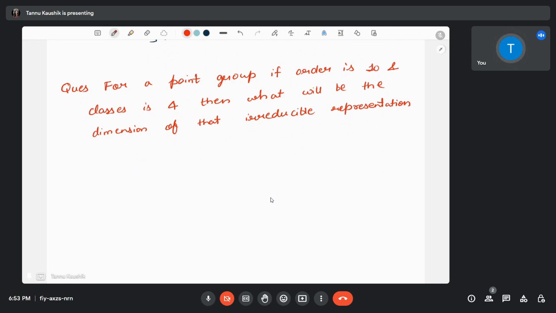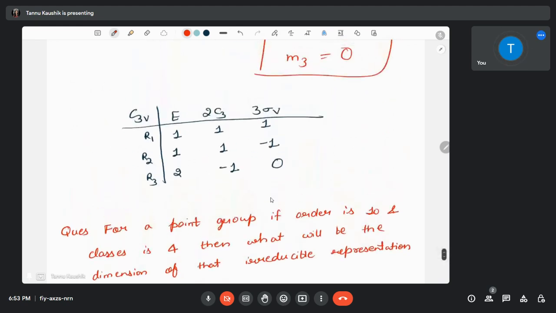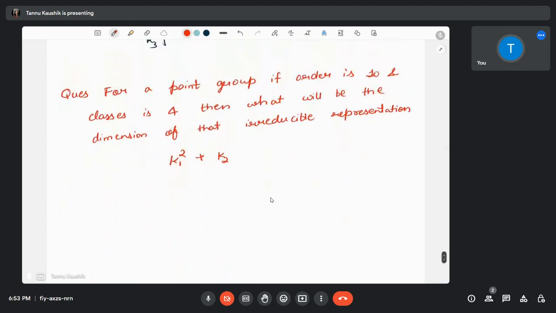So there are 4 classes. If I take a particular irreducible representation and take the sum of squares of characters of that particular irreducible representation, it will be equal to 10. So what could be the possible values?